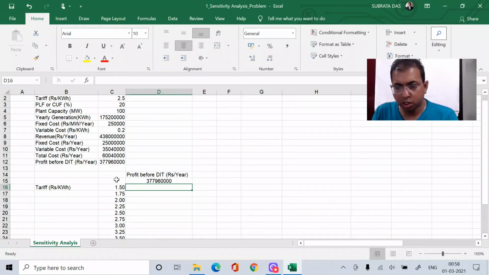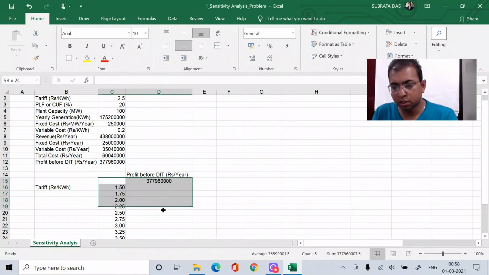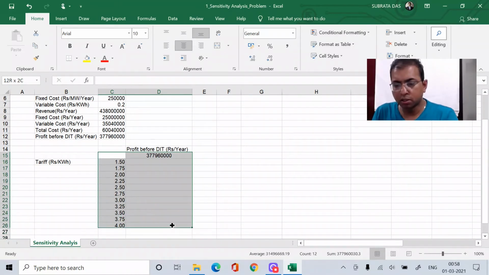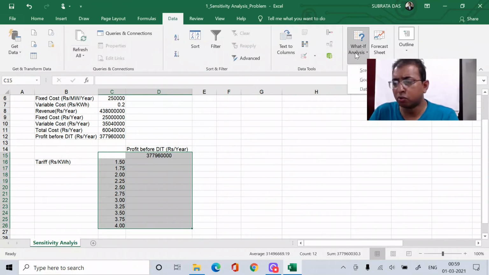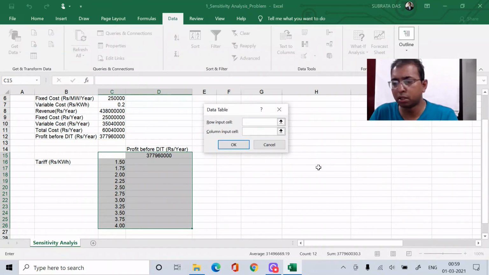Now I will use the table function, and in this table function I will select this range. Now I will go to Data, What-If Analysis, Data Table. Now I want to calculate this profit for each step of tariff. There is a change in the column tariff value, and no change in the row.